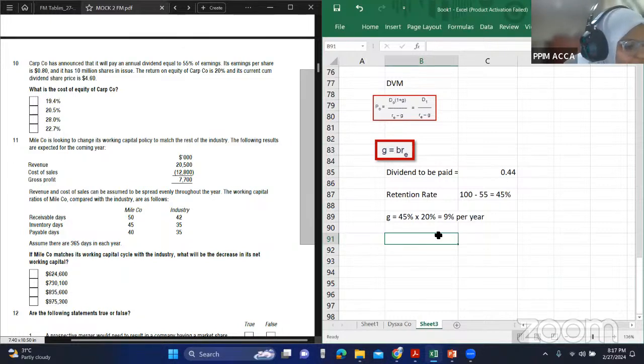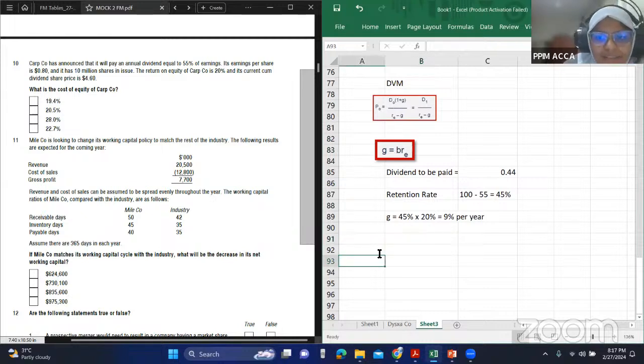Then we need to get the market value. So they're saying that the current cum div share price is 4.6. We can't use any cum div share price in the dividend valuation model. It has to be ex div. So we take the 4.6 and we minus the dividend that is paid, which is 0.44.